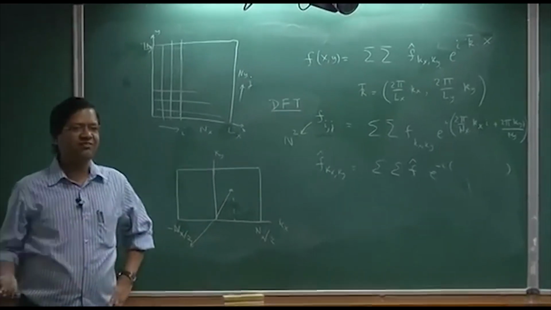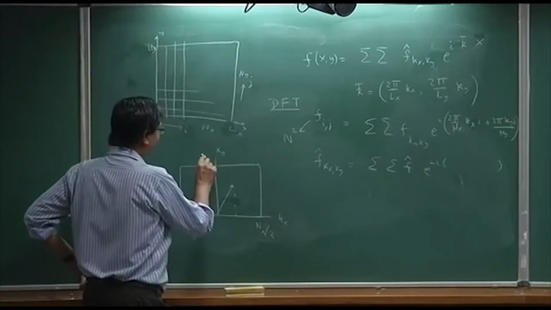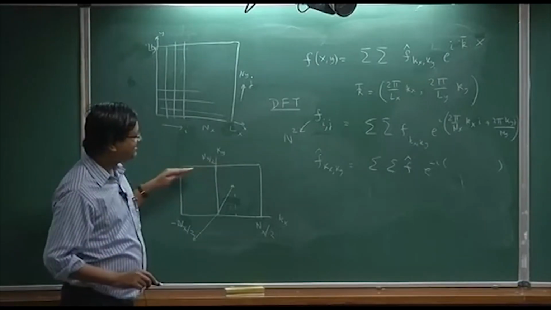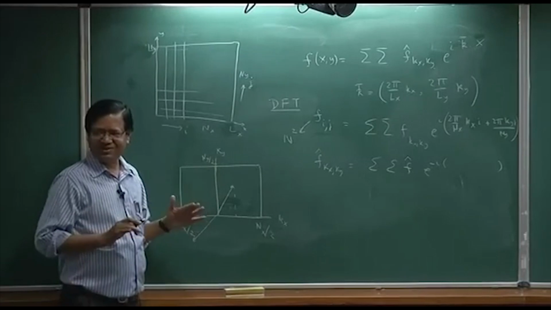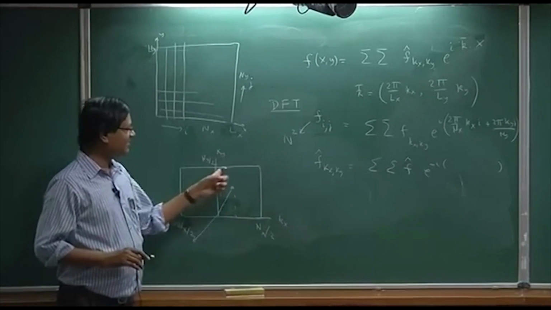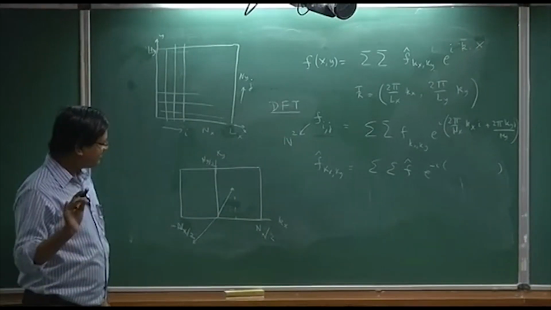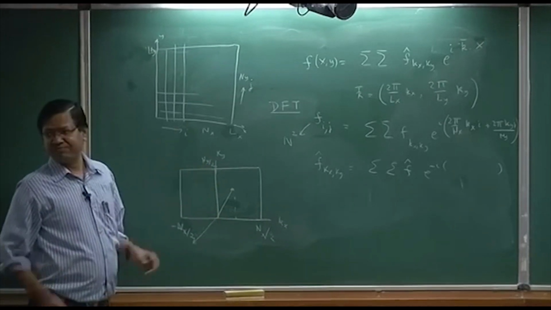We basically cut off half of them, and this goes from 0 to ny by 2. There are a bit more variables here, but this detail I will not tell you. If you count properly, it must be the same number of variables, n squared here as well as n squared in real, but that is a detail which I will not discuss right now. So, we store only the upper half.